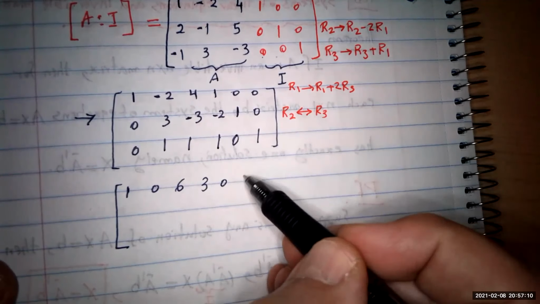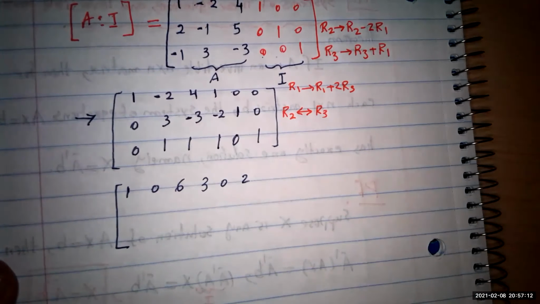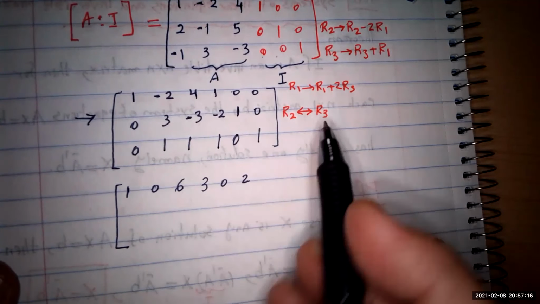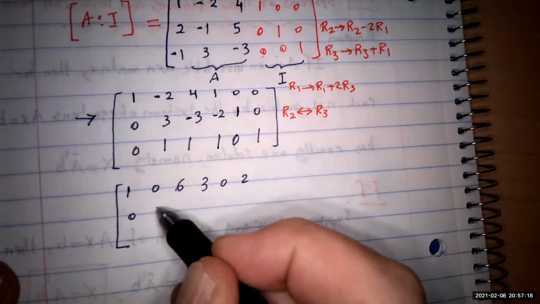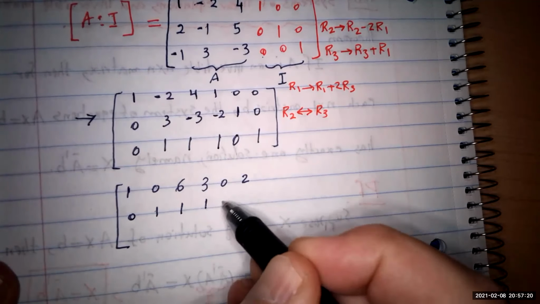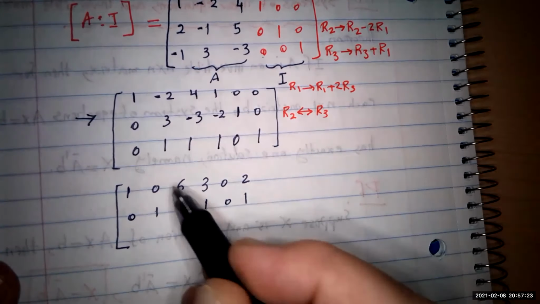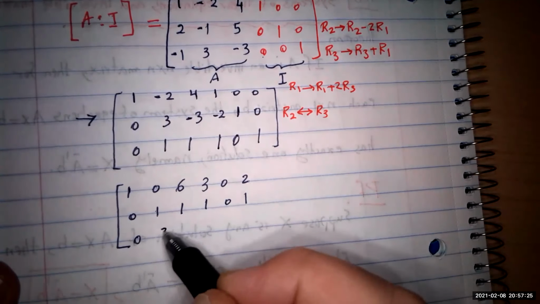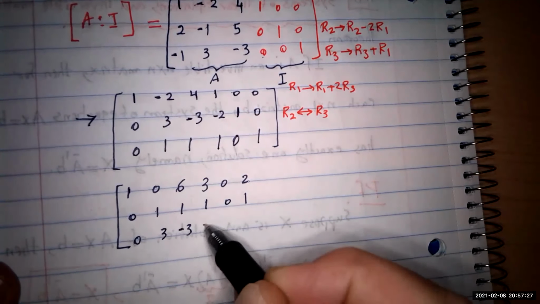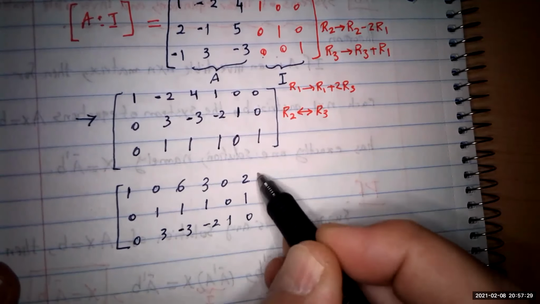And the 2R3 gives us a 2. Okay, 6, 3, 0, 2. And we switch these two, so it's going to be 0, 1, 1, 1, 0, 1. And this is going to be 0, 3, negative 3, negative 2, 1, and 0.